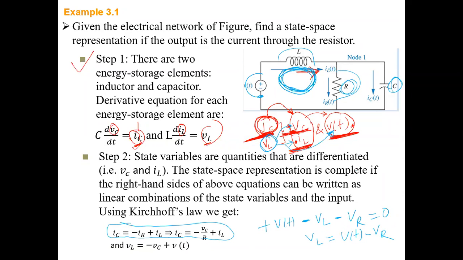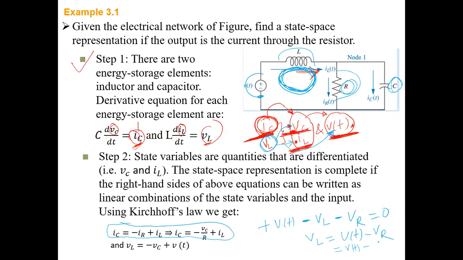I know you just said you made a mistake, but I see that eventually it gets to minus VC plus VT. Can you replace the VR with the VC because of the parallel again? Yes, that's what I'm talking about. Yeah, thank you.